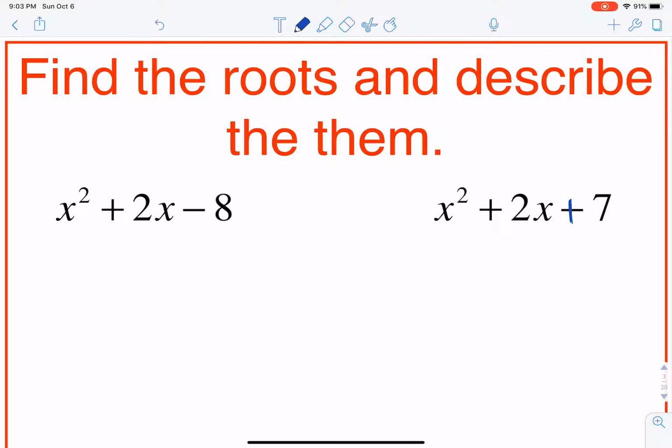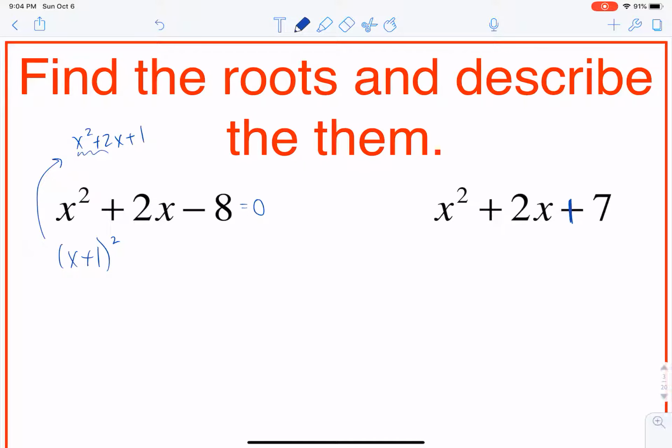So for this first quadratic, I have x squared plus 2x minus 8, and we'll set it equal to 0 because it's asking me to find the roots. And it's not giving me a specific method, so I'm going to complete the square here. So I would have x plus 1 squared. I know that this is really x squared plus 2x plus 1.